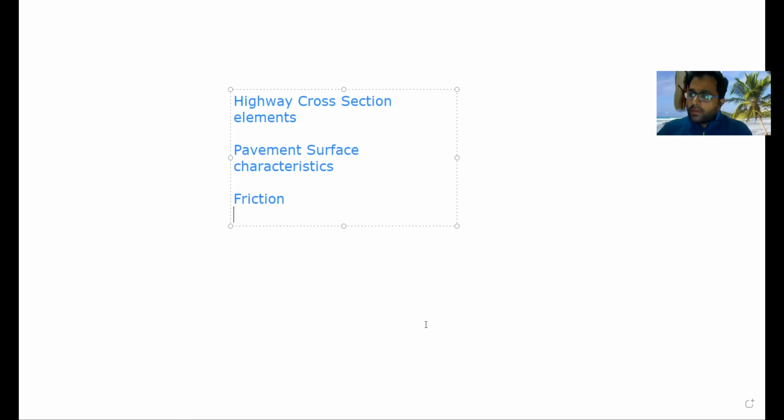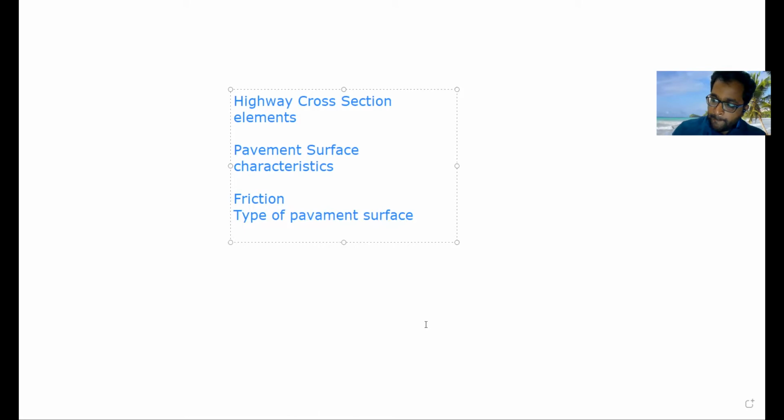Okay, now friction itself is a very broad term. We have to discuss a lot about friction. So friction can be studied by type of pavement surface. Depending on the type of pavement surface, the friction will vary. Okay, then wet or dry condition of pavement.